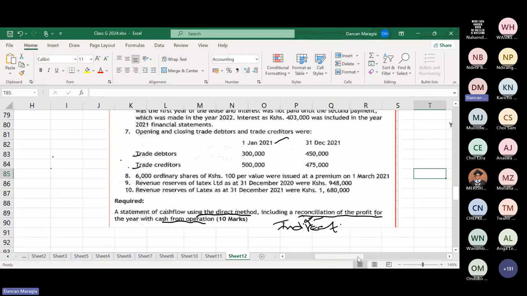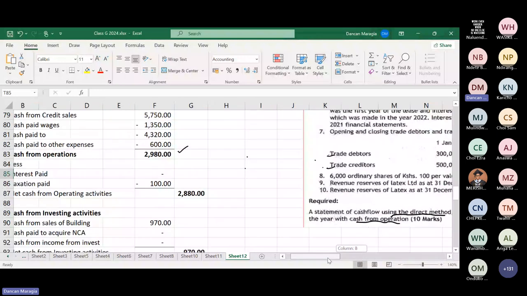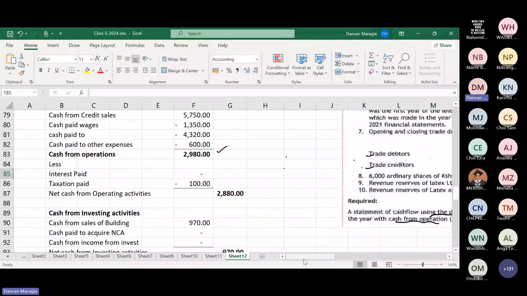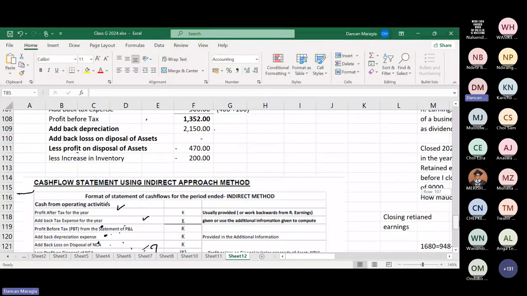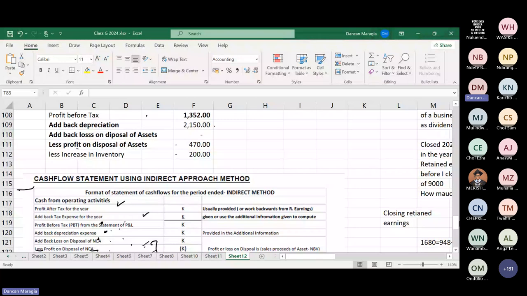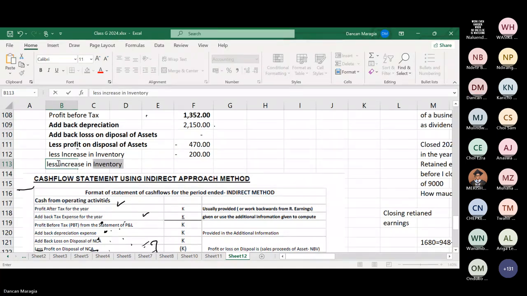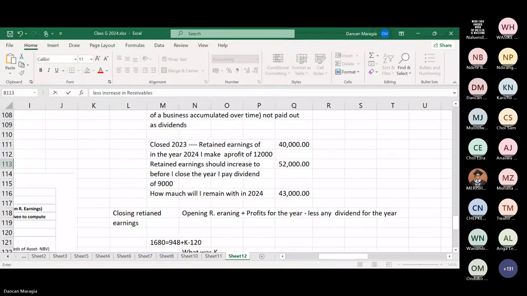So you actually gave out your money, and that's where we are lessing it because it's a cash outflow. It indicates a cash outflow indirectly. Same with inventory. If we have acquired more inventory, we have used money to get that inventory. So also less increase in receivables. Less 150.